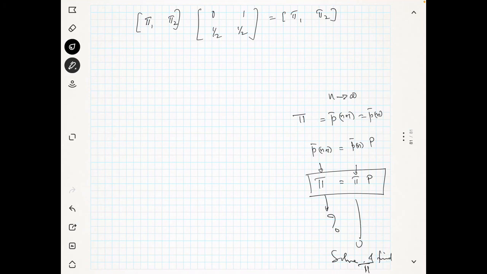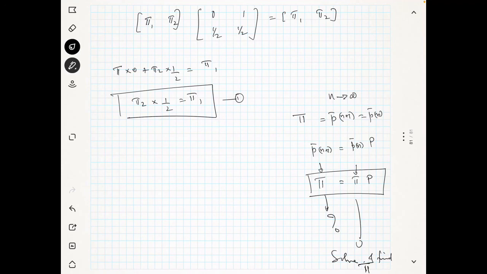What is this final distribution? From this equation, I can say pi 1 into 0 plus pi 2 into 1 by 2 is equal to pi 1. That means pi 2 into 1 by 2 is equal to pi 1. So this is one equation. Similarly, I can write another equation: pi 1 plus pi 2 into 1 by 2 is equal to pi 2.